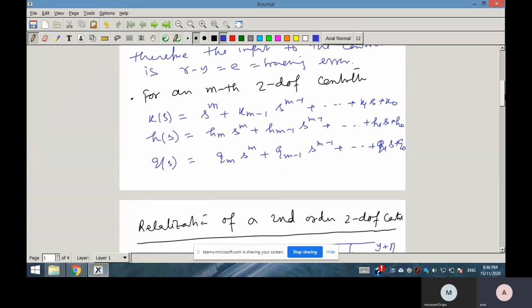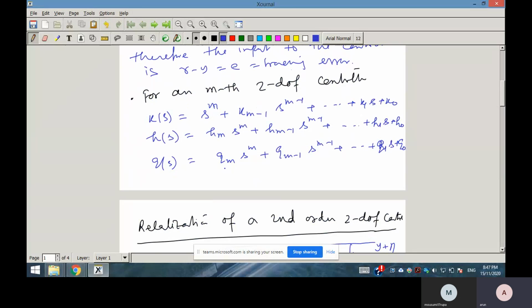So here QS, HS and KS I have chosen the same. Normally what happens? The order of QS you can choose less than or equal to M, but not greater than M. If you choose greater than M, then it will be an improper controller.